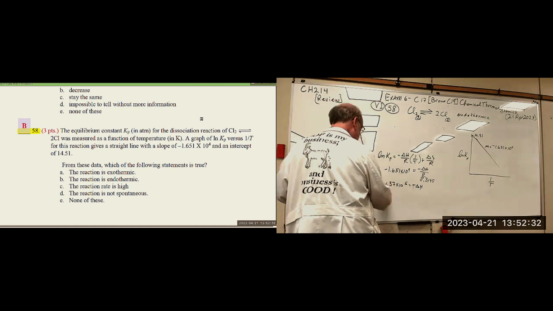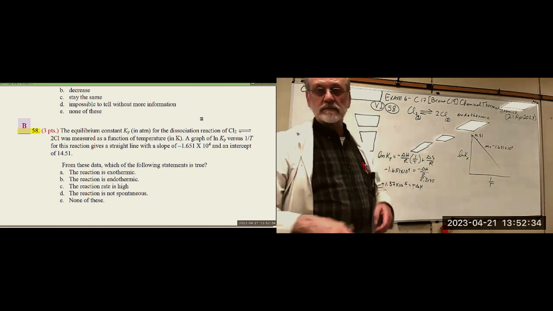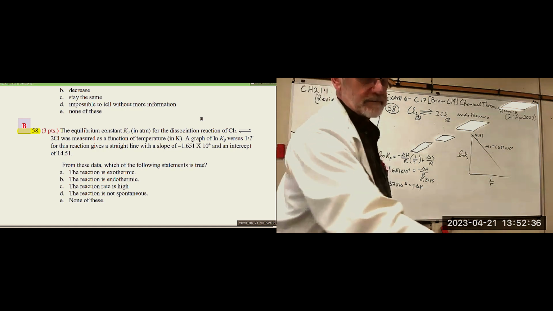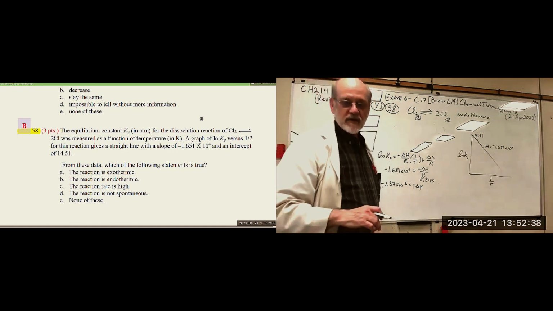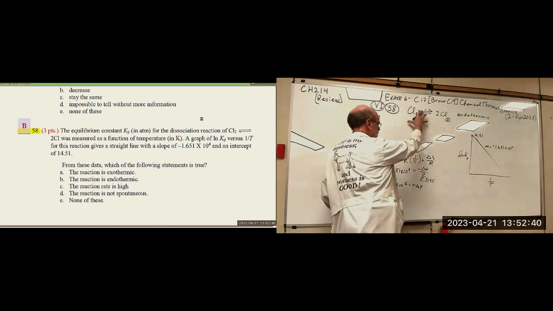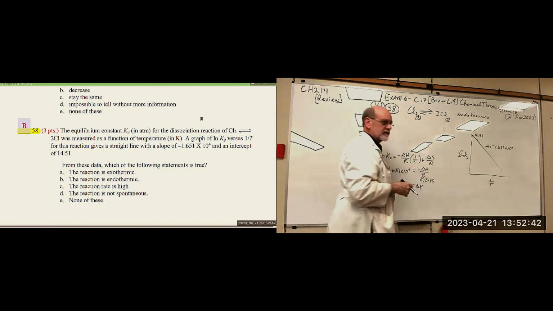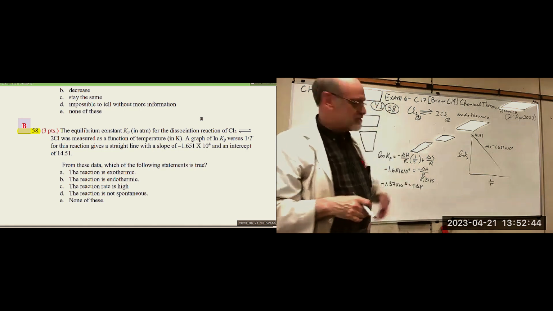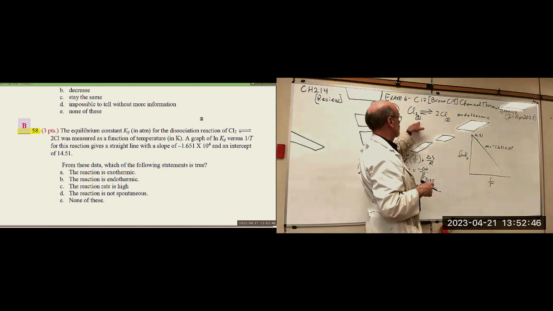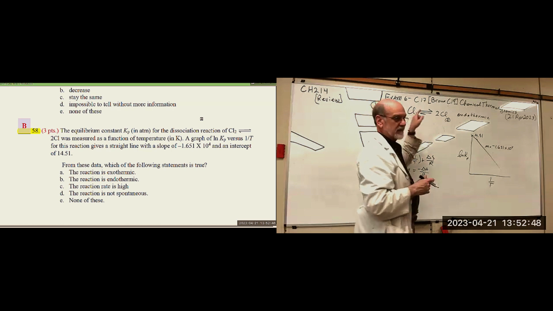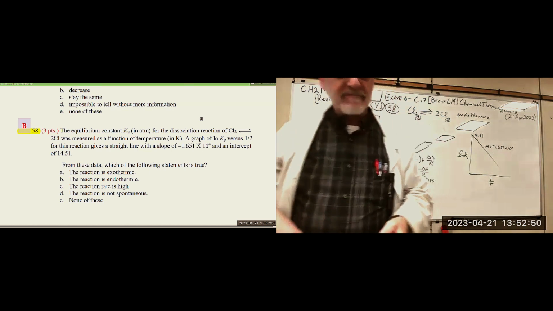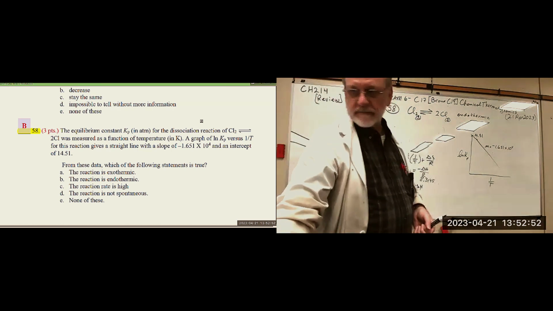Delta H is positive, it's endothermic. So we can either prove it by logic or by calculation. This has to be endothermic because we're breaking that bond.